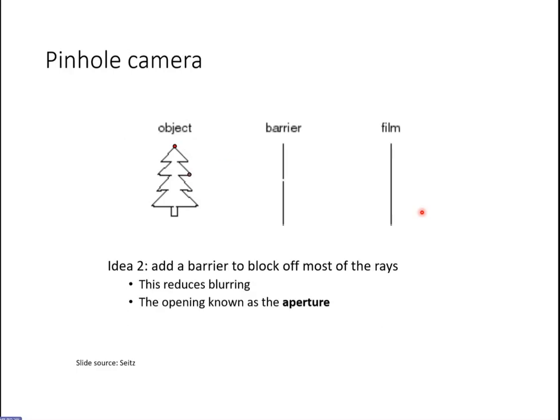The solution is easy: if you have a barrier between the object and the film, with a small hole on the barrier, you control the direction of those light beams, and then you can generate images on the film.